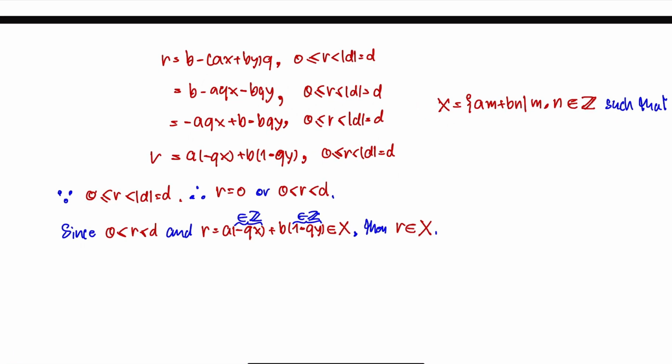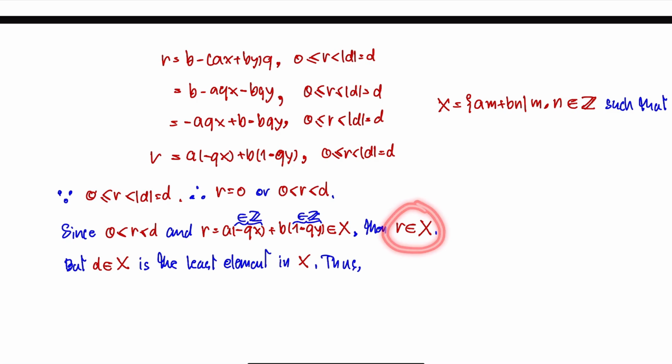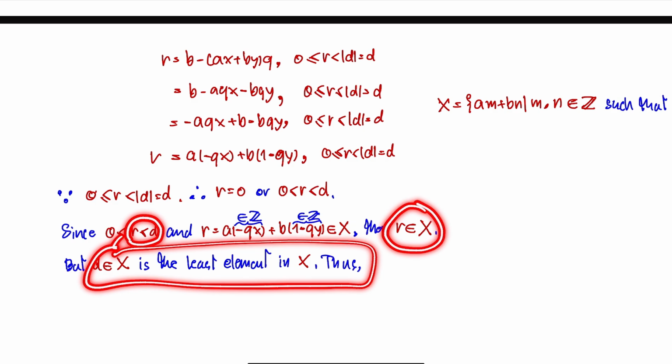It means that d is the least element in set X. So that means that r in set X is less than d, less than the least element in set X. So we have a contradiction.